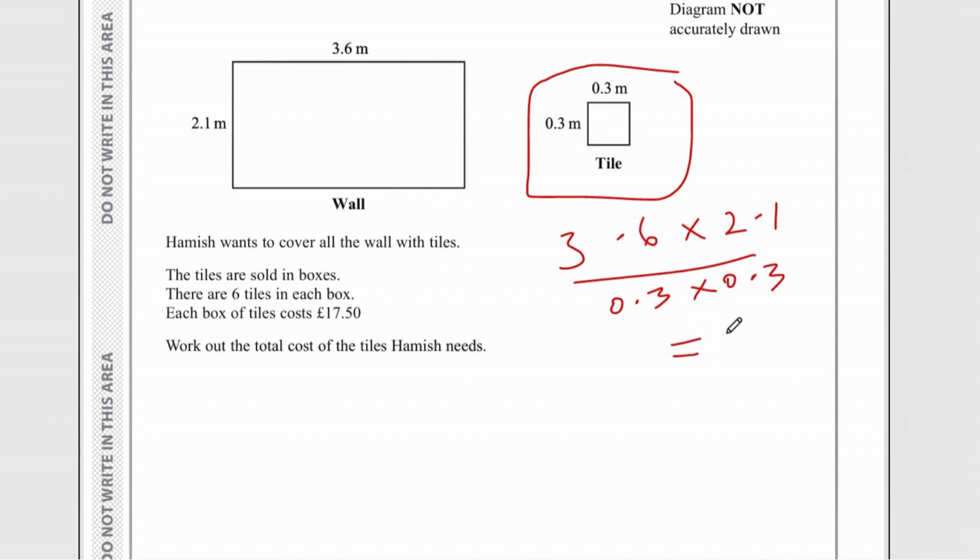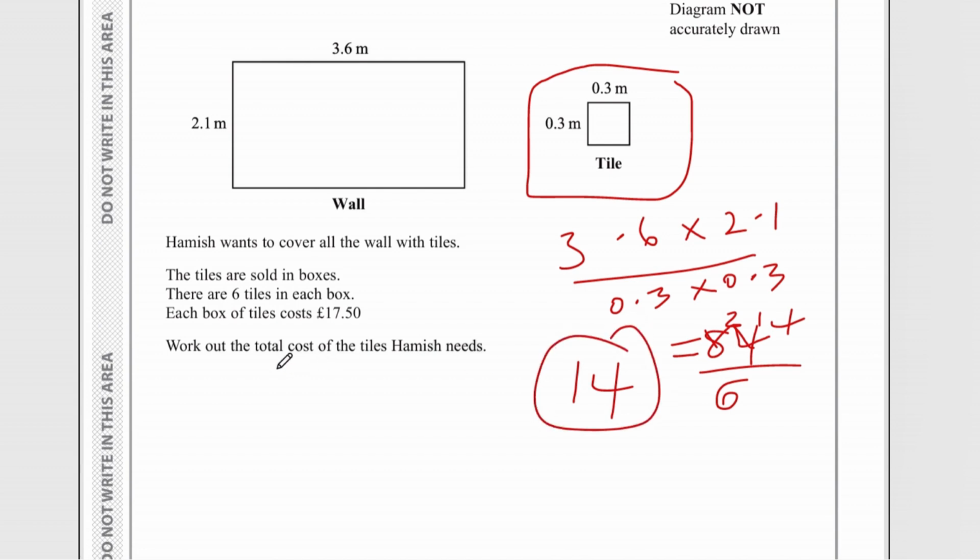So that means we need 84 tiles to cover the wall. Now, tiles are sold in boxes, 6 in each box. So how many boxes can we have with 84? You divide by 6. 6 into 8 is 1, remainder 2, 6 into 24 is 4. So we need 14 boxes to cover the wall.